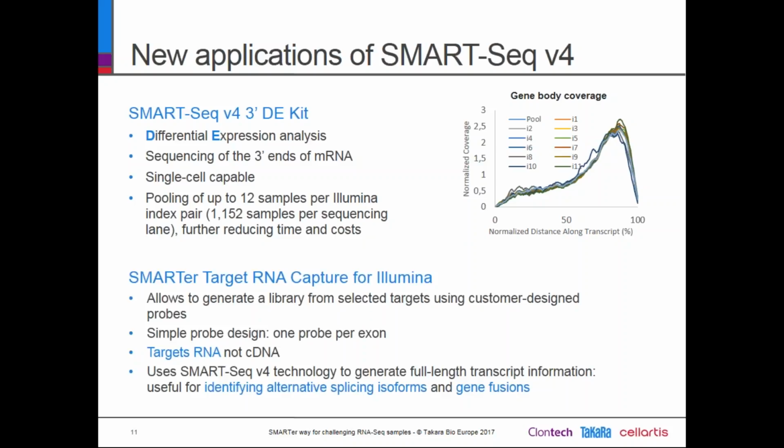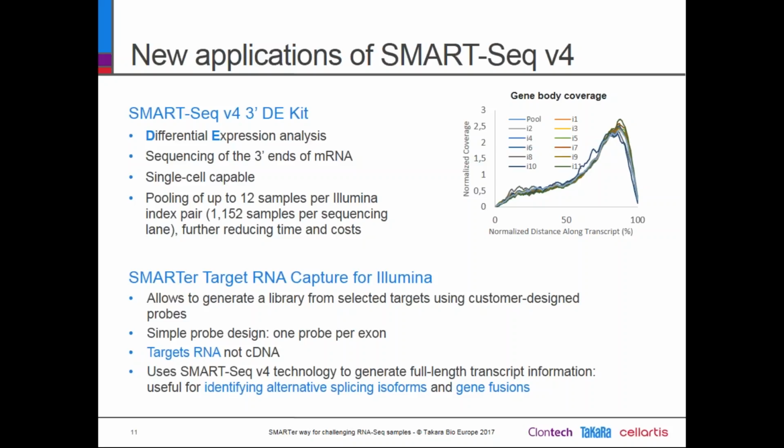Another application of SMART-Seq V4 technology is targeted RNA sequencing. Let's say that you're interested only in studying some specific transcripts. You don't need to amplify the whole transcriptome because you have a family of transcripts that you are interested in, or you are interested in studying a specific splicing isoform or in detecting a gene fusion.